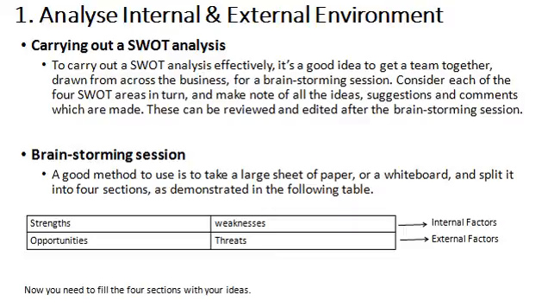These can be reviewed and edited after the brainstorming session. A very easy and good method is to take a large sheet of paper or a whiteboard and split it into four sections, demonstrated in the following table. And all you need to do is fill the four sections with your ideas.